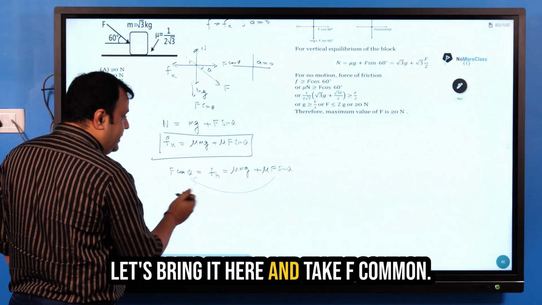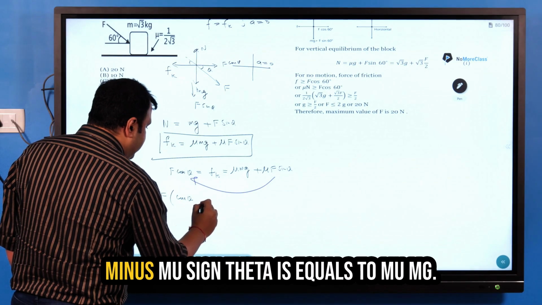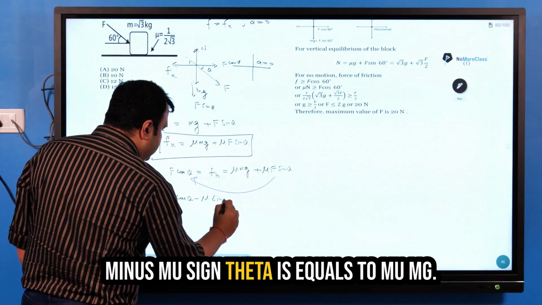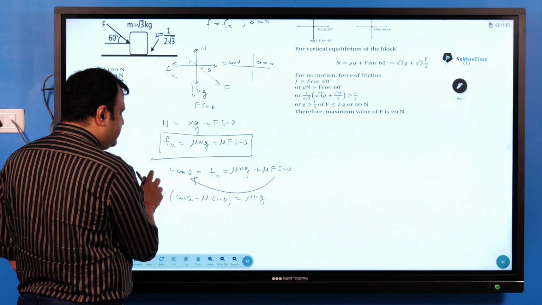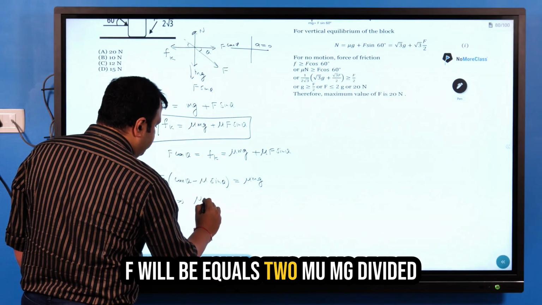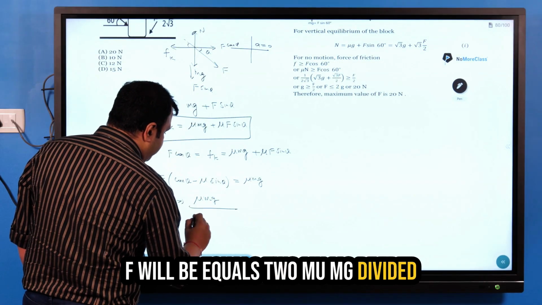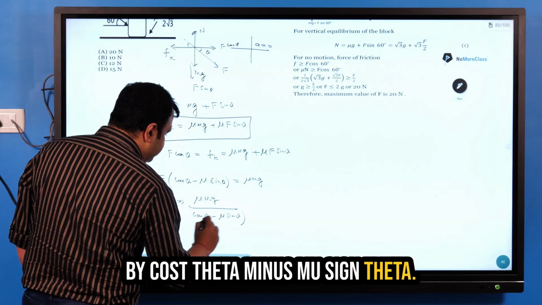Let's bring it here. Take F common. I'll get F times cos theta minus mu sin theta equals mu mg. F will be equal to mu mg divided by cos theta minus mu sin theta.